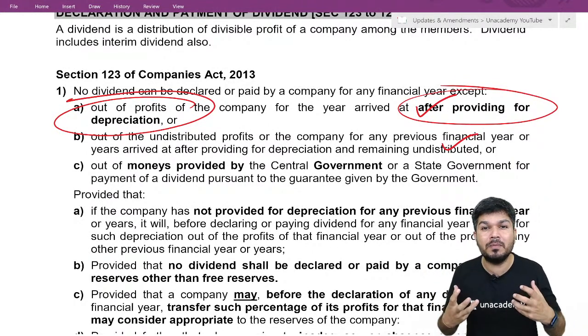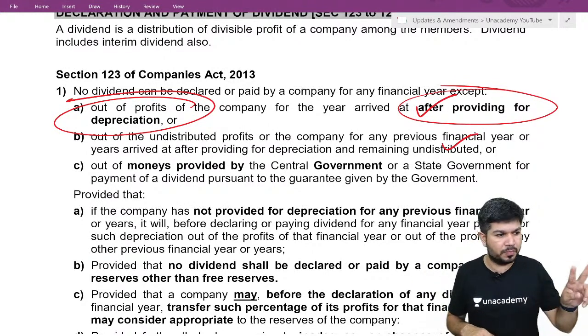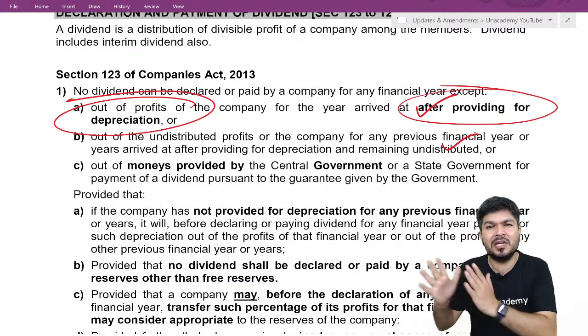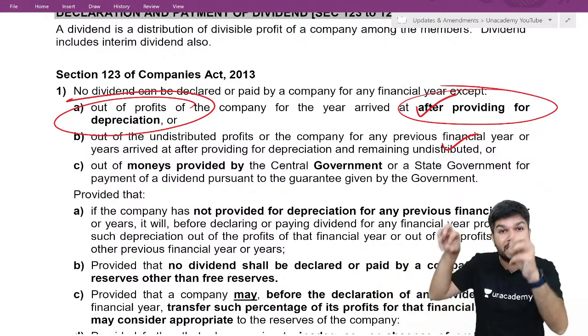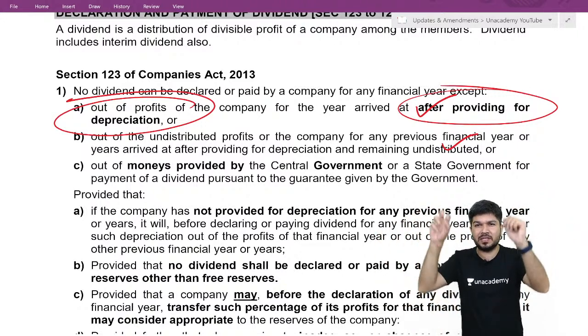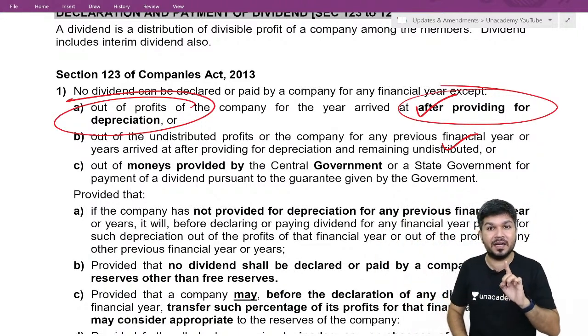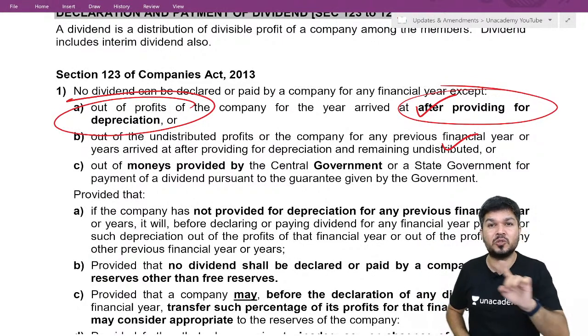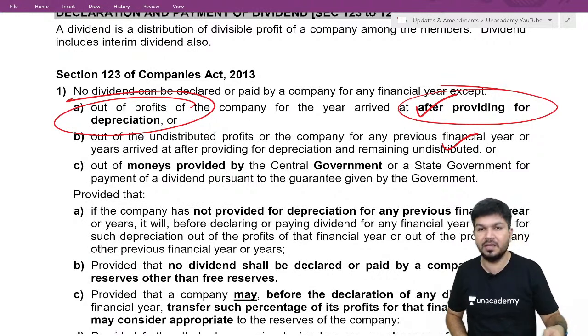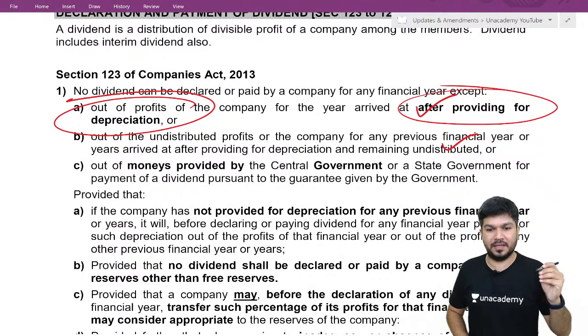So unabsorbed is 8. Profit was 2, depreciation 10 came, so unabsorbed is 8. So I can say loss for the year or depreciation for the year, whichever is lower, in absolute terms. So 10 or 8, whichever is lower is 8. Deduct unabsorbed depreciation of past, not the full accumulated loss. Clear with this?